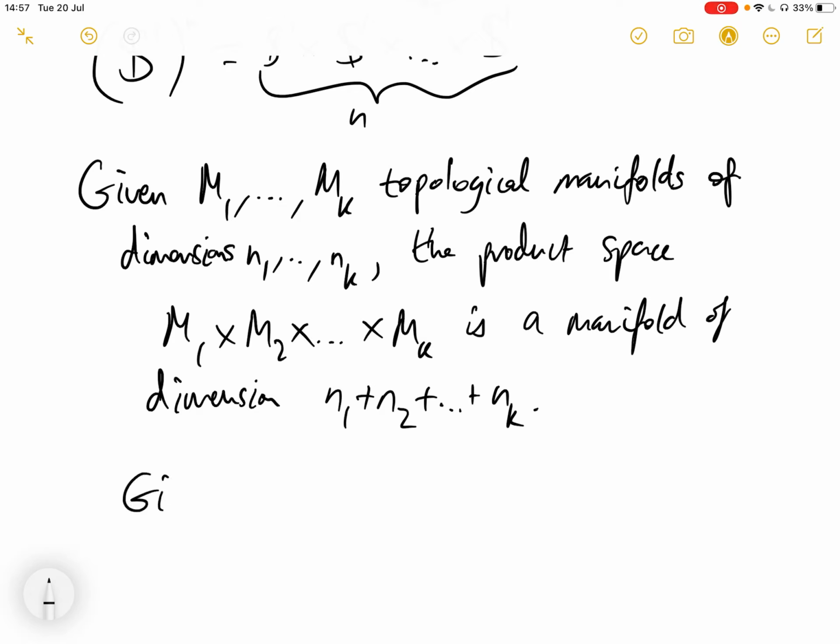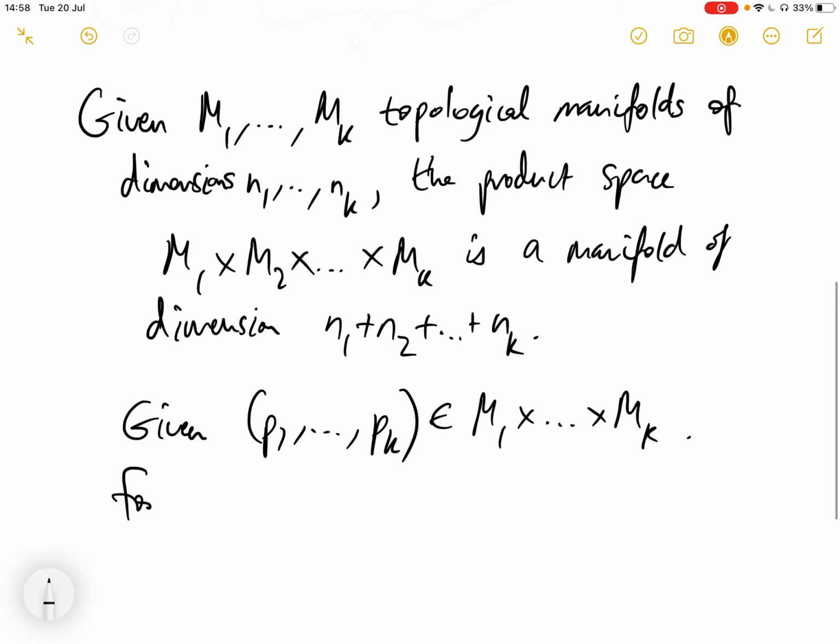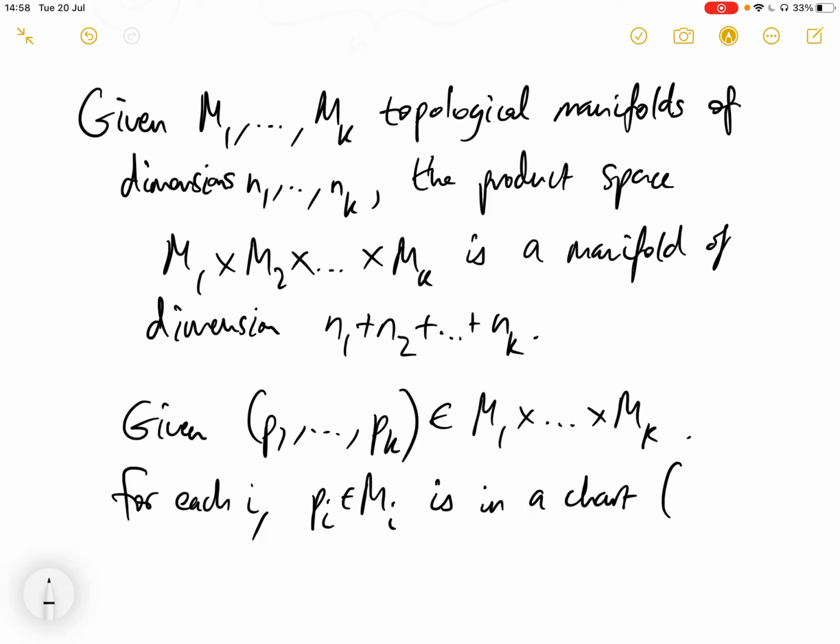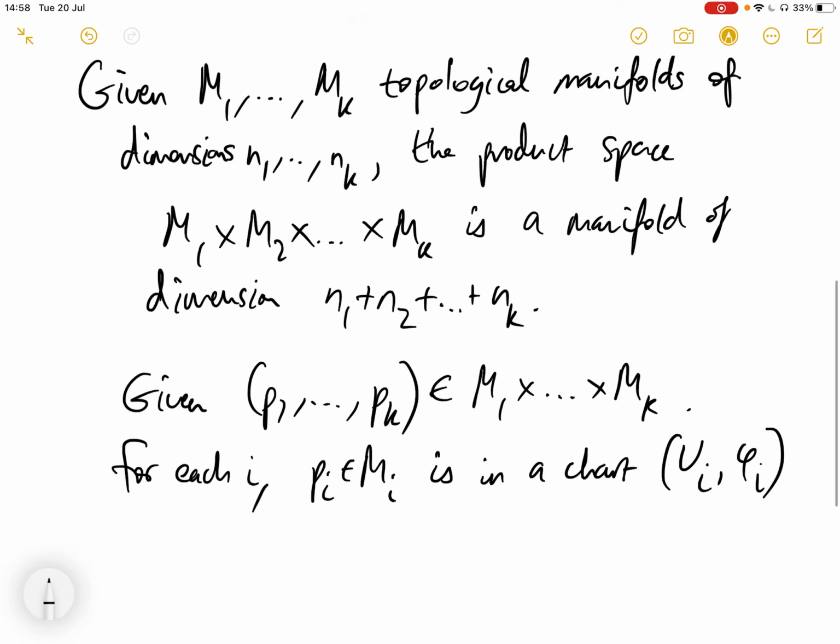So given a point with coordinates p1 up to pk in this product space, we want to check, is it true that this is contained in a chart? Well, for each i, pi in Mi is contained in a coordinate chart, (Ui, phi i), because Mi is a manifold.